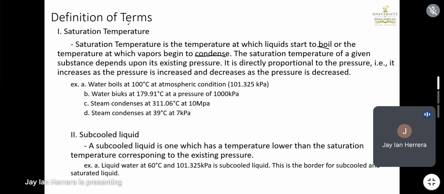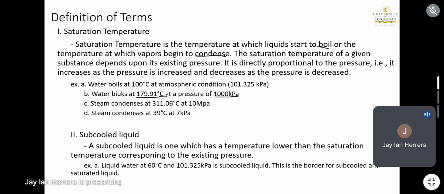So, as it says here, if we have a 1,000 kilopascal pressure of water, it will start boiling once it reaches 179.91 degrees Celsius. Only then will it start to boil.